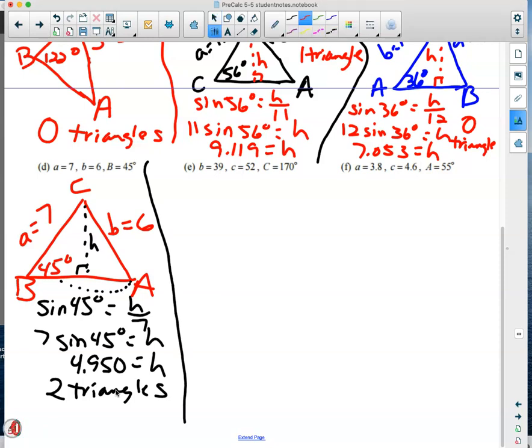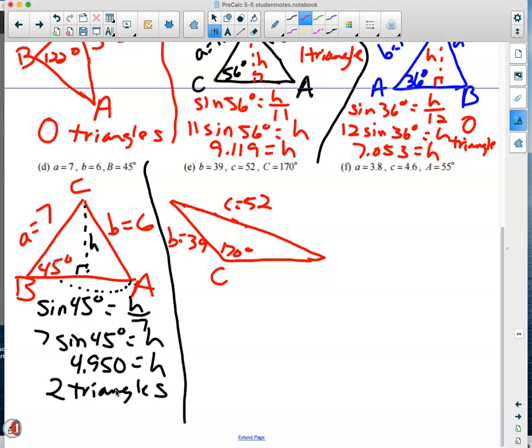Alrighty, E, 170 degrees, wow. So there's our C. Side opposite. Side adjacent. Put my little 170 degrees in there.